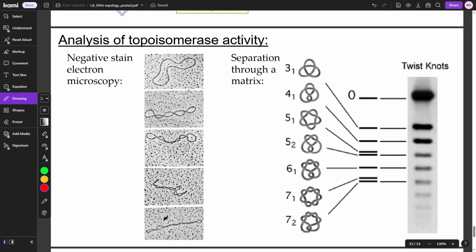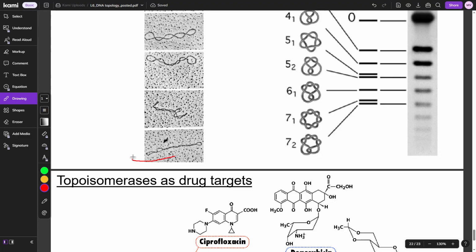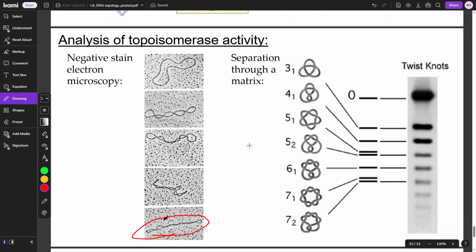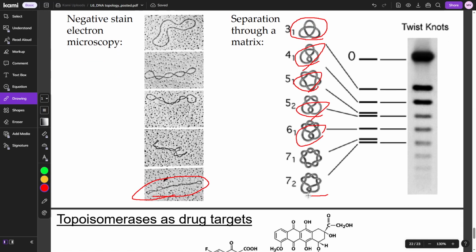What's going to differentiate what goes through quicker is whether or not it's compact and supercoiled or not. So, see something like this, right? It's not very supercoiled. That's actually going to take longer to pass through than something like this, compared to this, all the way down to this, which is the most supercoiled. So that will actually travel the farthest.